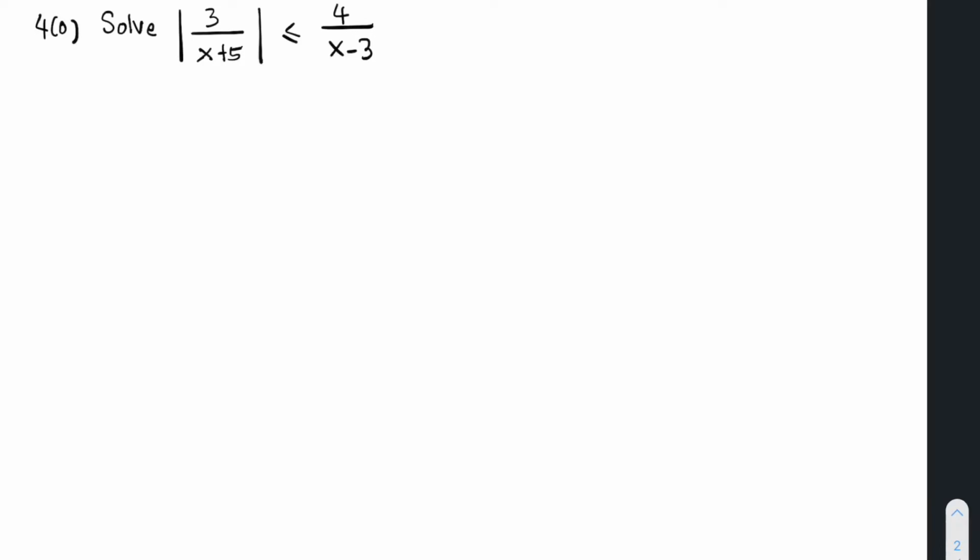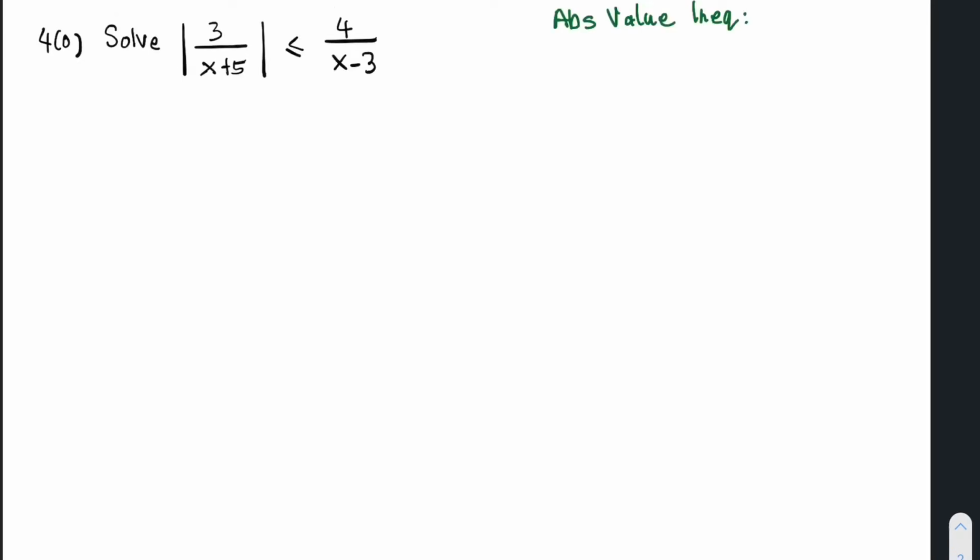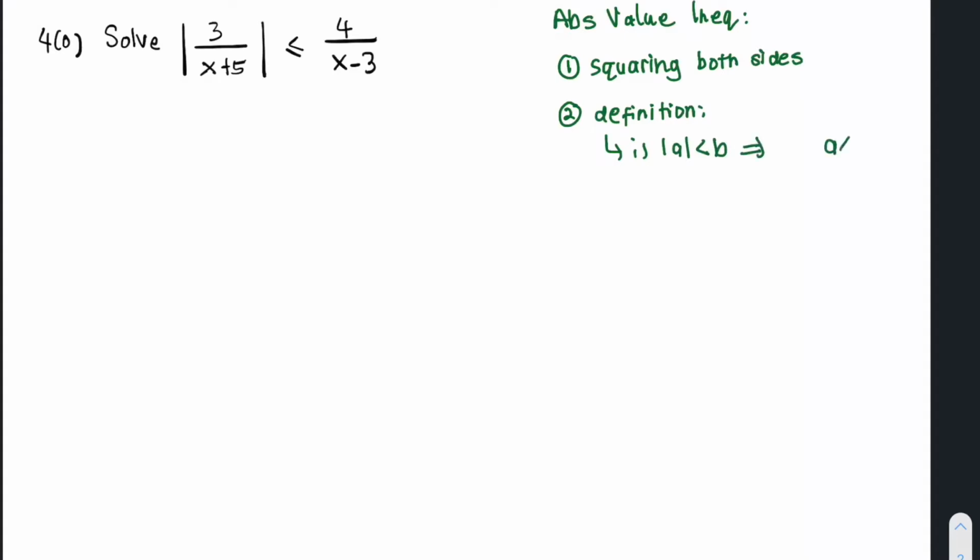It's an absolute value, but again, with absolute value there are two things that you can do. You can square both sides, or you can use the definition. By definition, the first one is: if the absolute value of A is less than or equal to B, then A is between negative B and B. The second one is: if the absolute value of A is greater than B, then A is greater than B or A is less than negative B. But for squaring both sides, you must know that both sides must be positive.